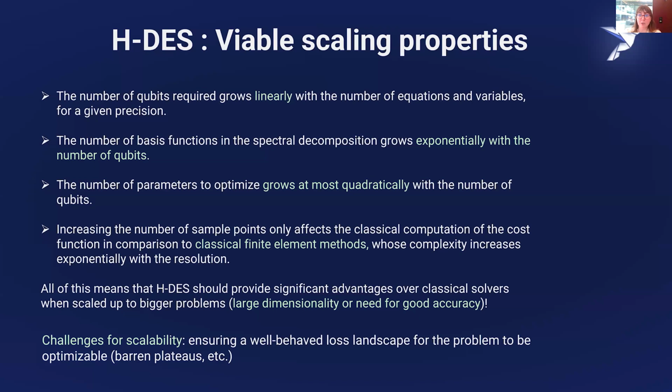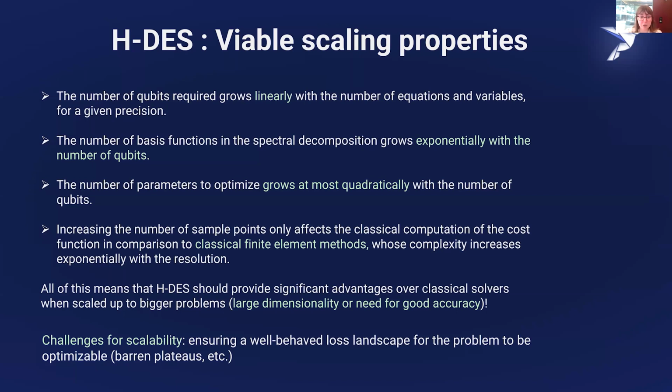And this means that for classical simulations, for most methods like finite element methods and so on, when you increase the complexity or dimensionality of your problem, when you add variables or want to increase the resolution, you incur an exponential increase in computational cost. And the time and cost required to run your simulation becomes dramatically greater. For HDES, on the other hand, the scaling properties are much, much more promising.